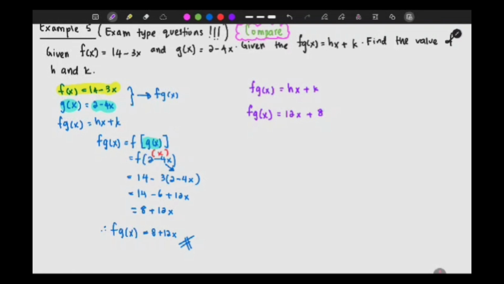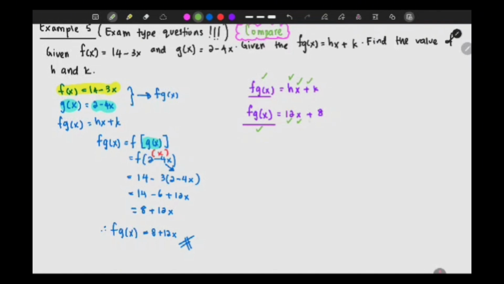Let's see. Here got fgx, you also got fgx. Here got x, here got x. And in front of the x there is an unknown, and you got a number. And there's a plus, there is a plus. And there is also something there which you don't know, but you know it's a number, right? And you also got a number.